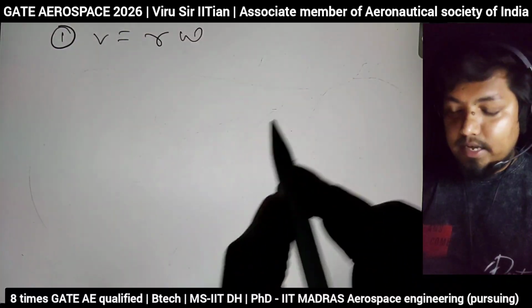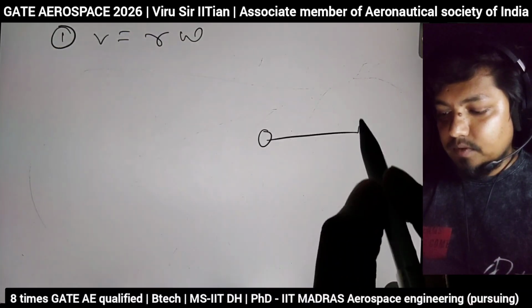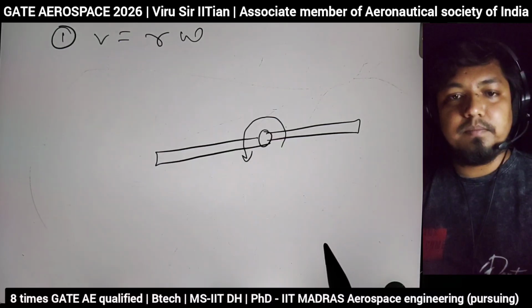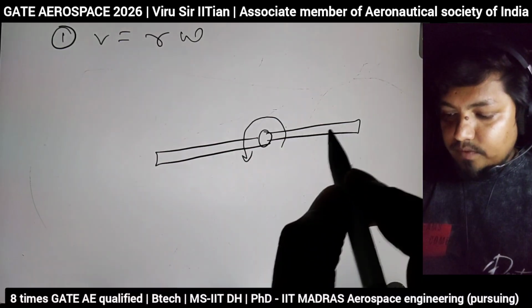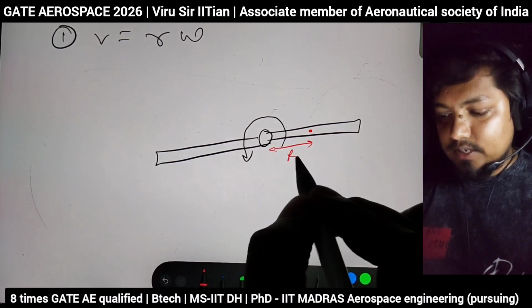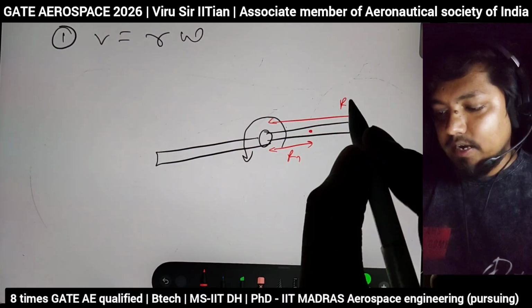Now let's relate that. Suppose you have a fan blade and this fan is rotating. Suppose I am choosing 2 points here. One point is here at distance r1, one point is here at distance r2.